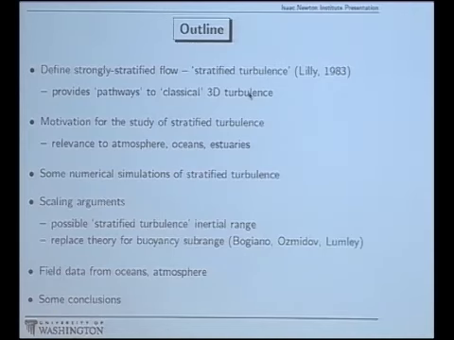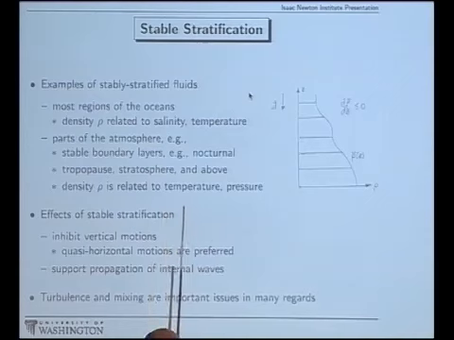As an outline, I'm going to try to motivate this, show some results from numerical simulations, some scaling arguments that suggest at least an inertial range, but one that's different than people are typically used to seeing. Then I'll show some data from the ocean and atmosphere, and maybe draw some conclusions and some questions.